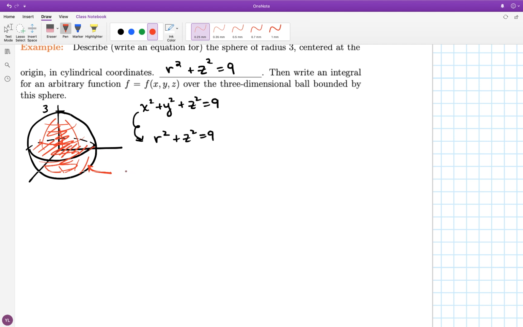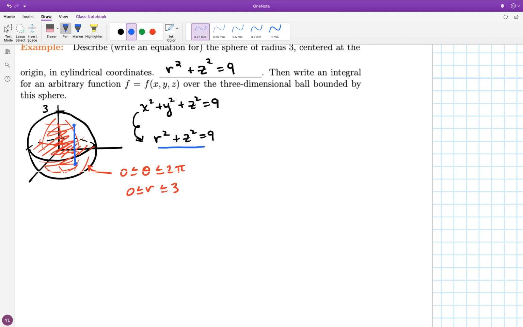So in polar coordinates, that would be expressed by letting theta range from 0 to 2 pi and r ranging between 0 and 3. And then what's left is to bound the z on top by the top hemisphere and on bottom by the bottom hemisphere.